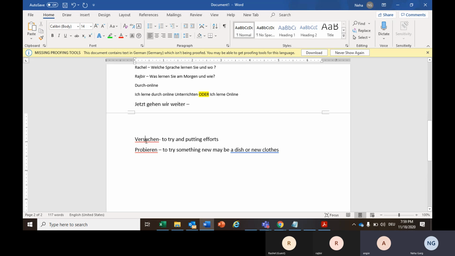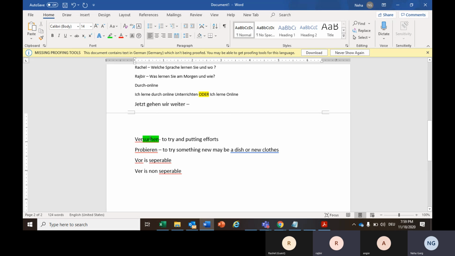Now, one more thing, just to give extra information: suchen here is to search, but ver is a prefix, which I told you about in our separable and non-separable class section. So ver is a non-separable prefix. Für is a separable prefix. So suchen as an individual word means to search for something.